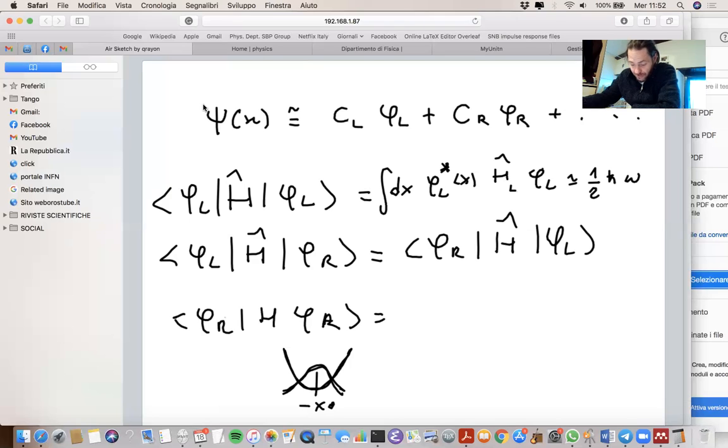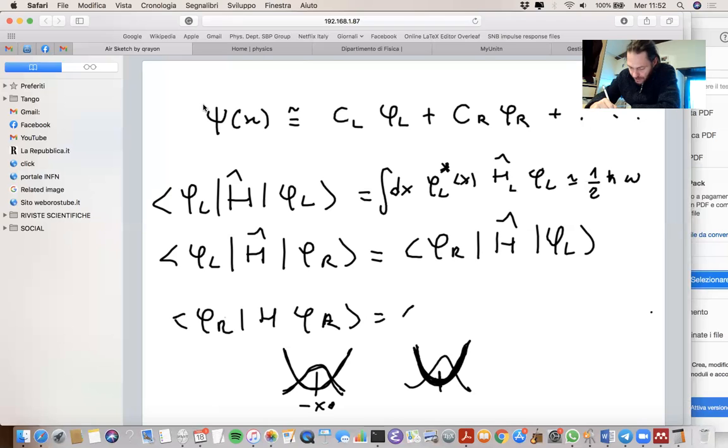For the very same reason, here, the Hamiltonian depends on the potential in the region where phi right is non-zero, which looks very much like the harmonic oscillator.